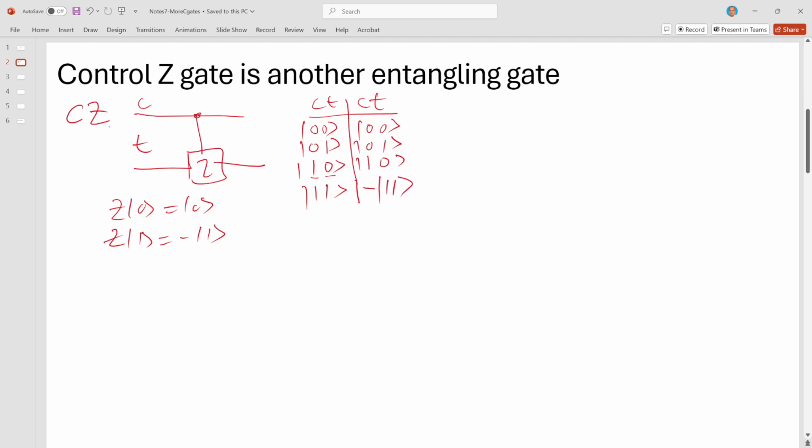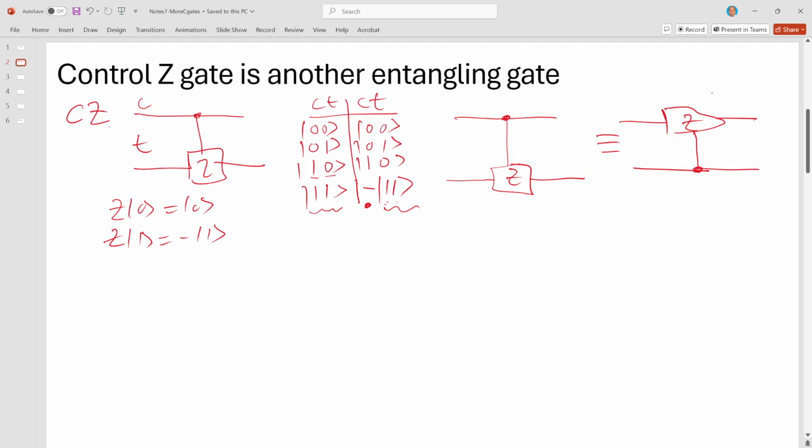like this. And as you can see that this is a symmetric gate, that we get a minus sign only when both qubits are in one state. And otherwise, we always get a plus sign. So this gate actually is symmetric, and therefore you either represent it this way or this way.